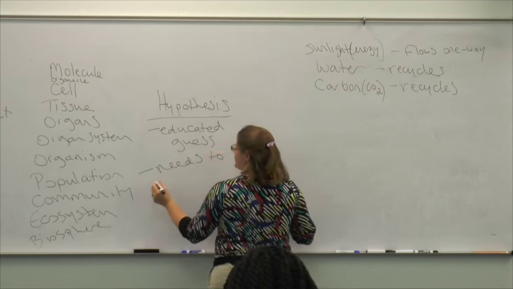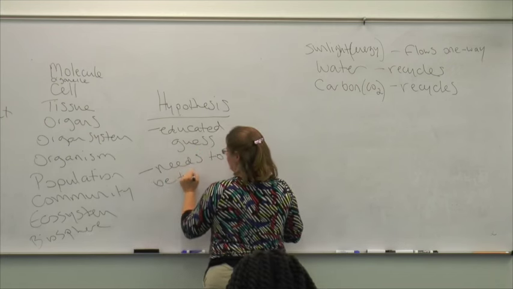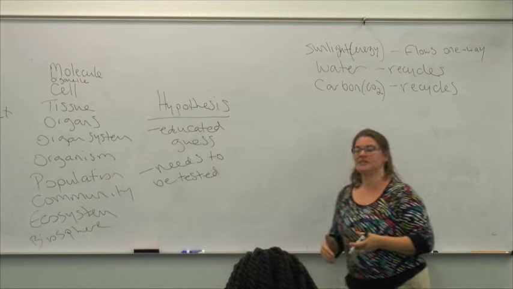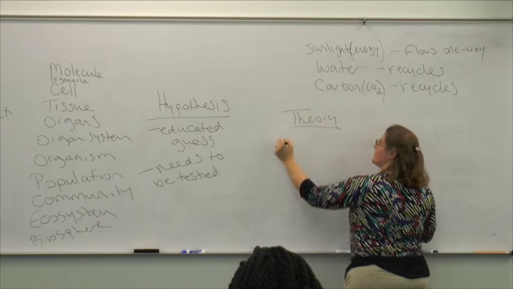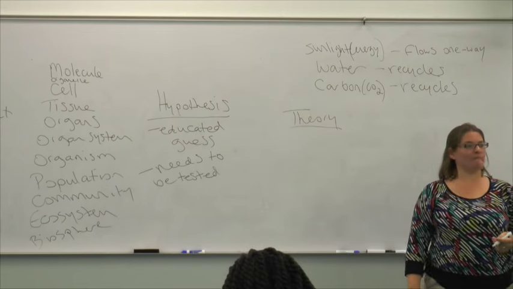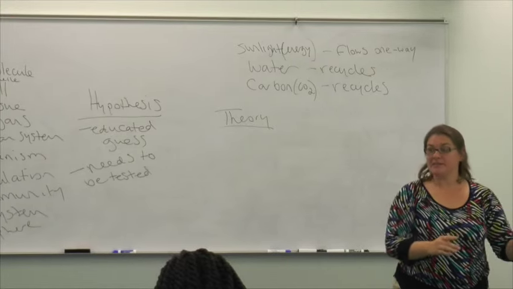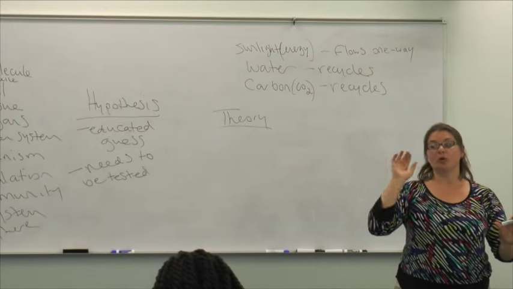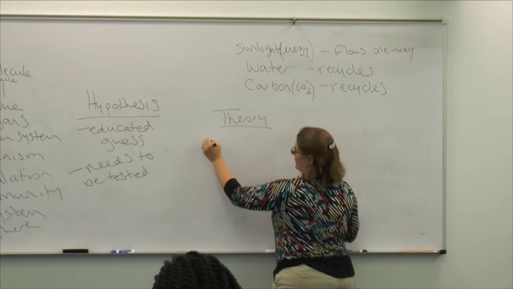So a hypothesis is an educated guess that needs to be tested, right? Using an experiment so you can carry on with the rest of the steps. What about a theory? How does something become a theory? It's a well-tested hypothesis that's supported with a giant amount of evidence, but we don't use the word proven, okay? Proof is an ugly word in science, okay?